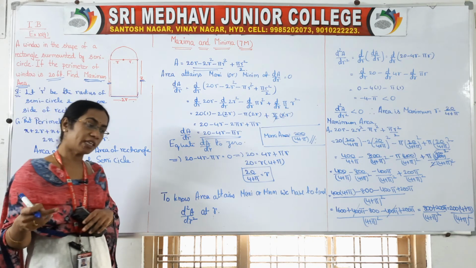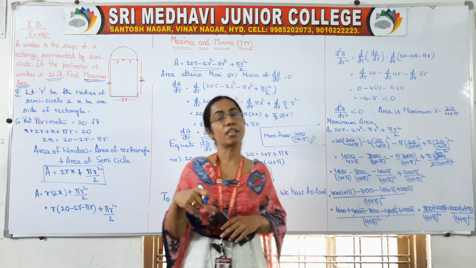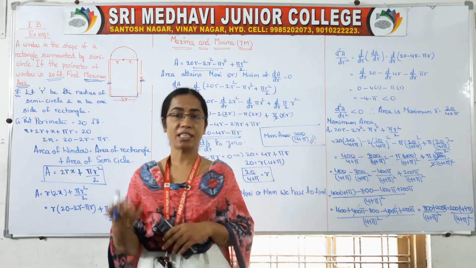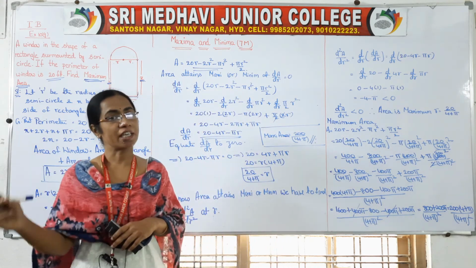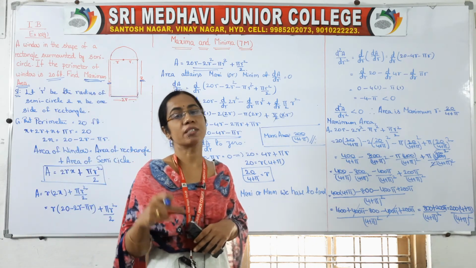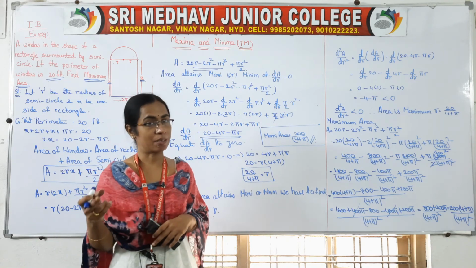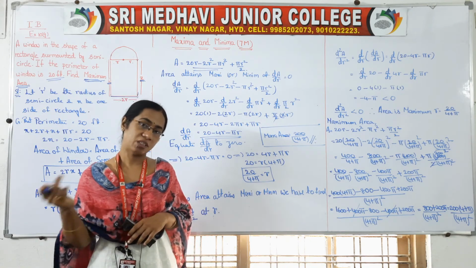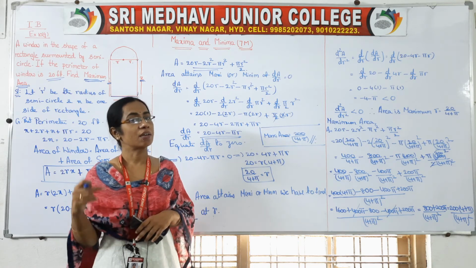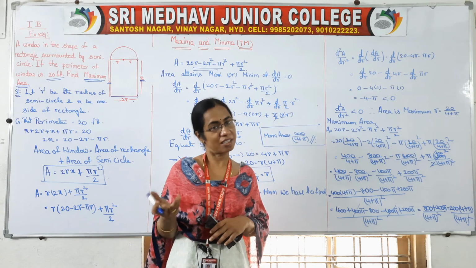To know whether it attains a maximum or a minimum, we have to find one more derivative, the second derivative, and substitute the derived value. If the second derivative value is negative, the function attains maximum. If the second derivative value is positive, then the function attains minimum, reverse, that's it.